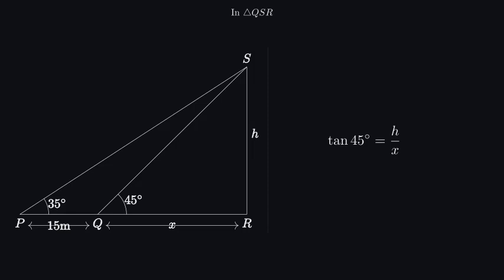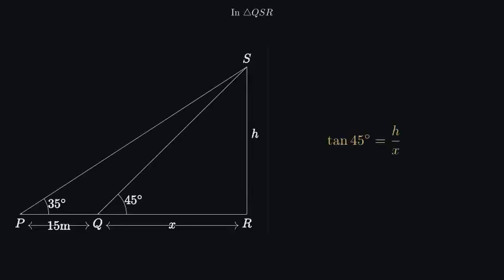In this triangle, the angle at Q is 45 degrees. With respect to this angle, the opposite side is the tower height, H, and the adjacent side is X. So we use tangent because tangent is opposite over adjacent. Now write the equation from triangle QSR. Since tan of 45 degrees equals 1, we get H equals X. This will be our first equation.